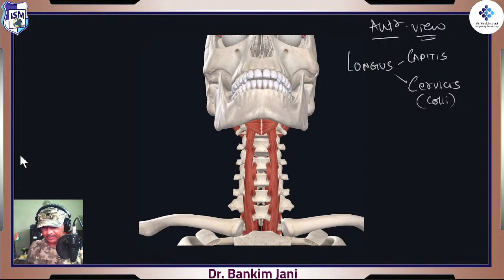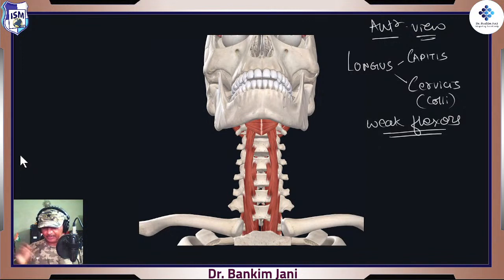This is the reason they are not very strong movers. They are weak flexors, because they are anteriorly situated. When they contract, obviously there is flexion, so they are the weak flexors of the head and cervical spine.